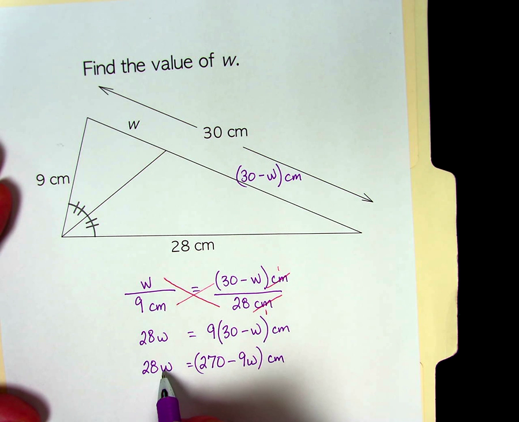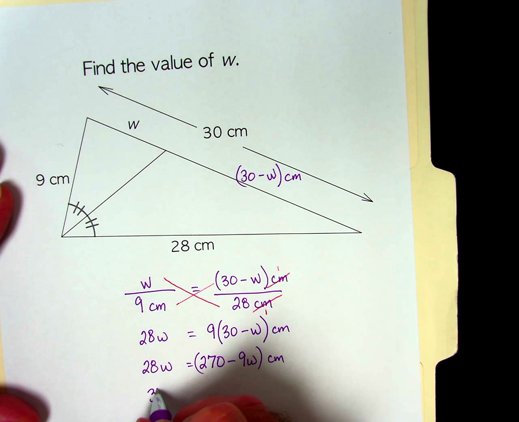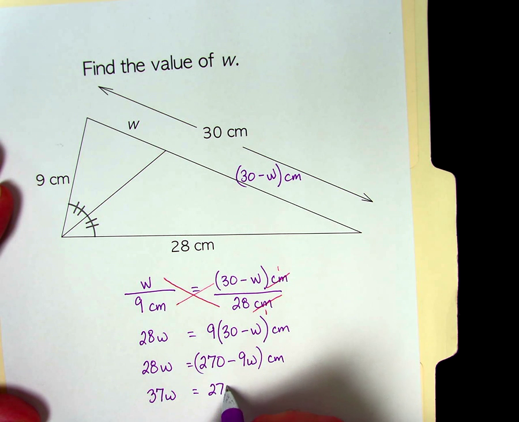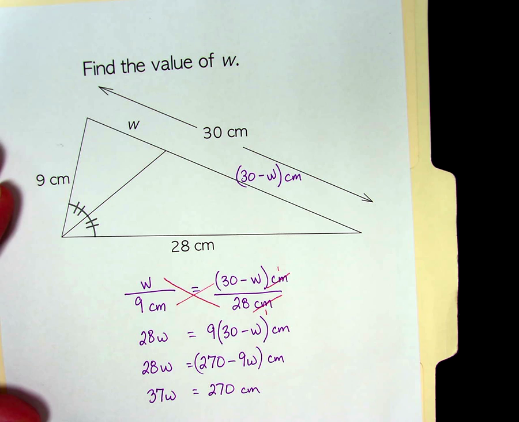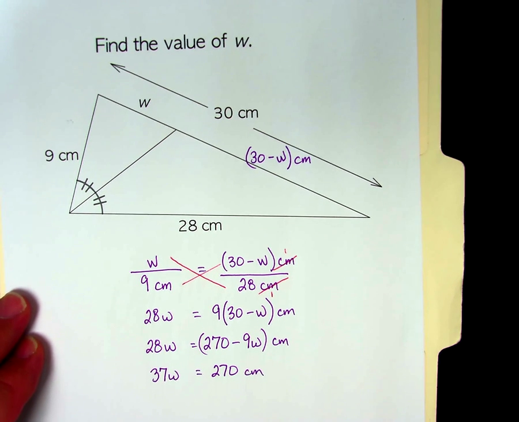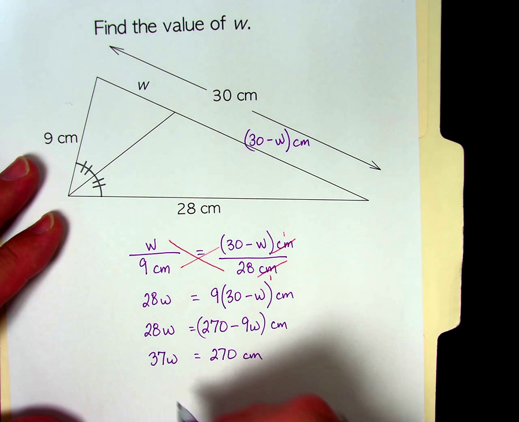So 28W plus 9W would be 37W. And here we would have 270 centimeters. So we'd want to divide both sides by 37.